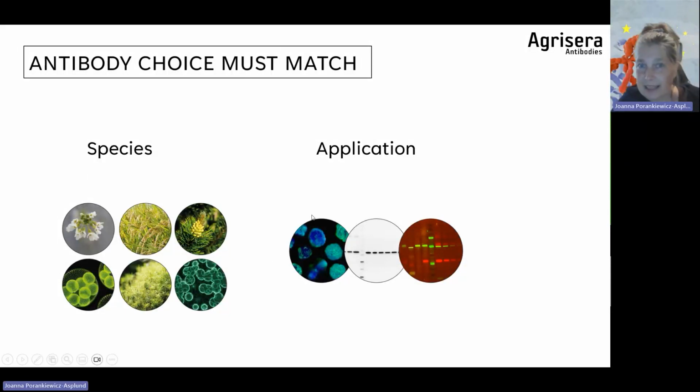What do I mean that the antibody must match the application? One can predict to a certain degree if an antibody may work, for example, in chromatin immunoprecipitation or in some other native technique, because if an antigen is derived from the part of the protein which is hidden when the protein is folded, the antibody is not going to work in a native technique.